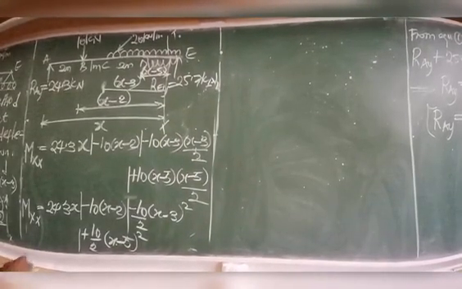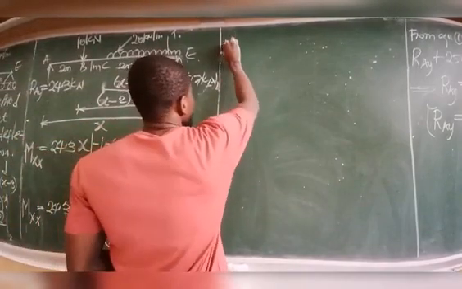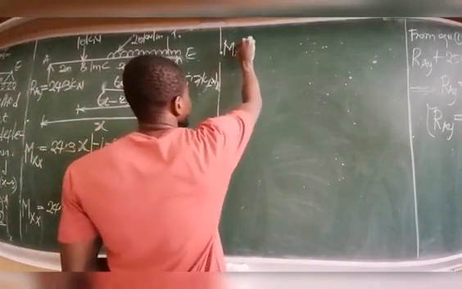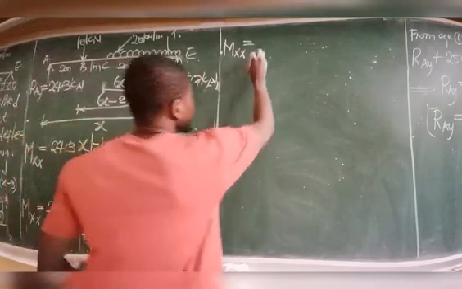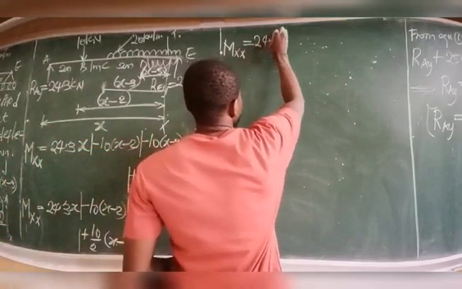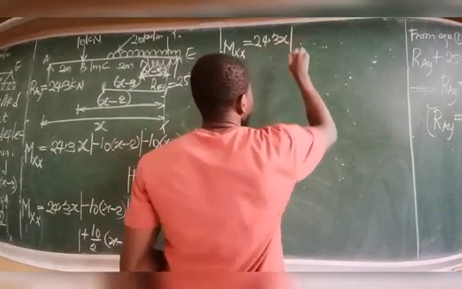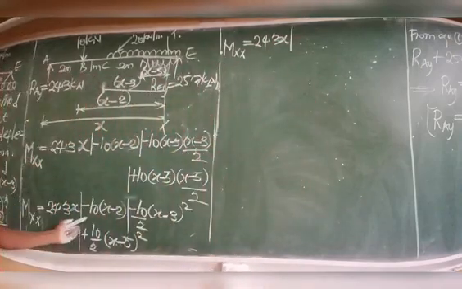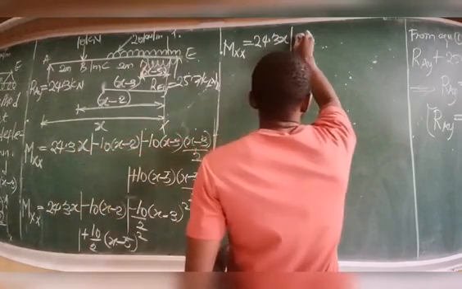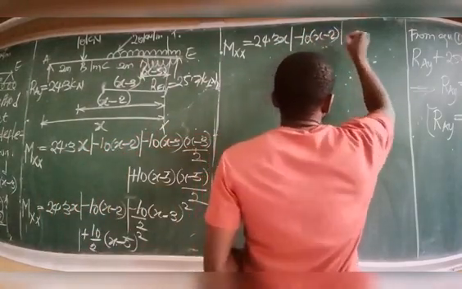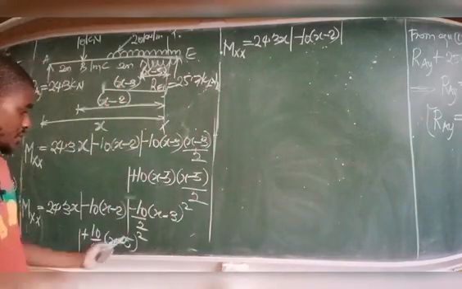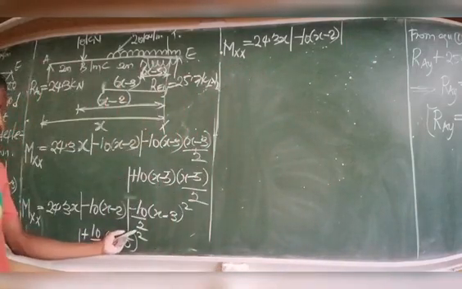So I'll simply have the moment about the section is now equal to 24.3x. Put down your Macaulay's bracket. I have here minus 10 into x minus 2. Put down your Macaulay's bracket. Of course here, minus 10 divided by 2 will simply give me 5.